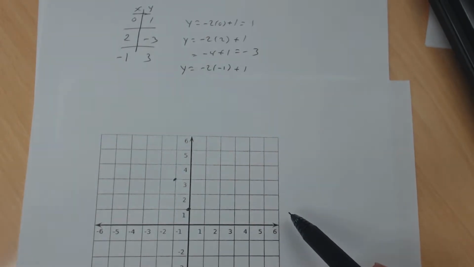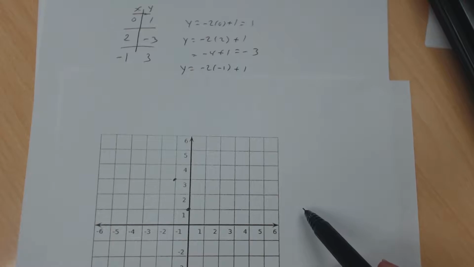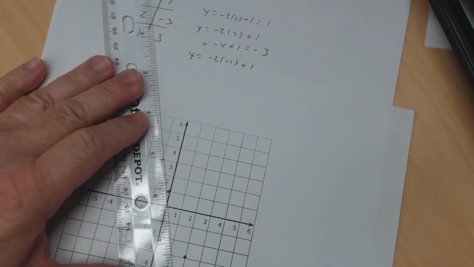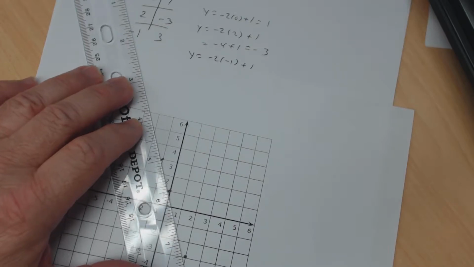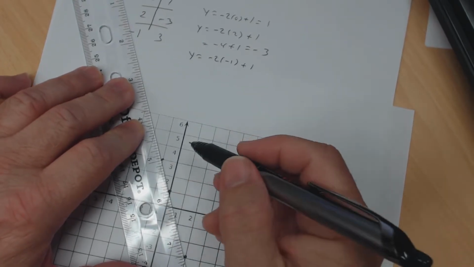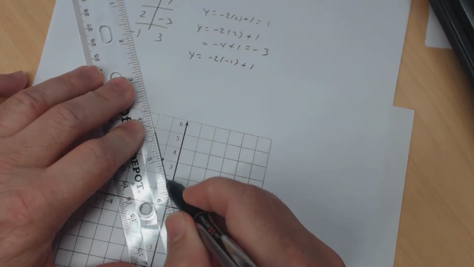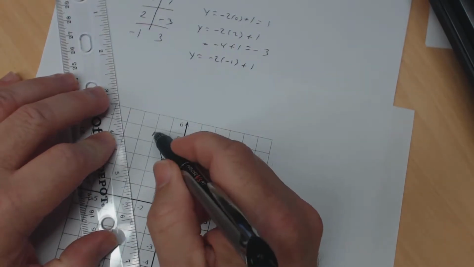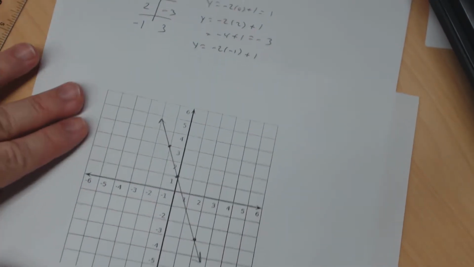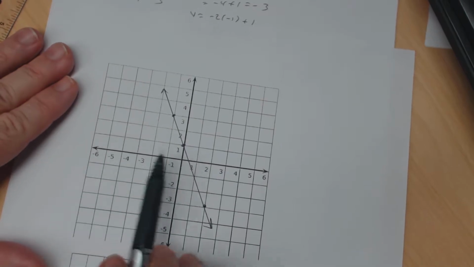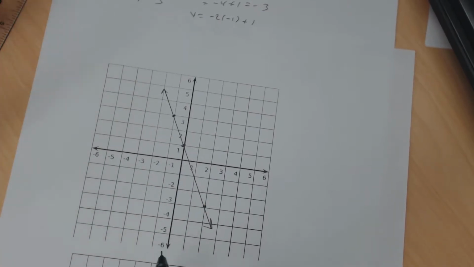If I use a straight edge, those 3 points are collinear, so it seems okay. This is what the graph looks like. Notice that the graph is falling, so the slope should be negative.